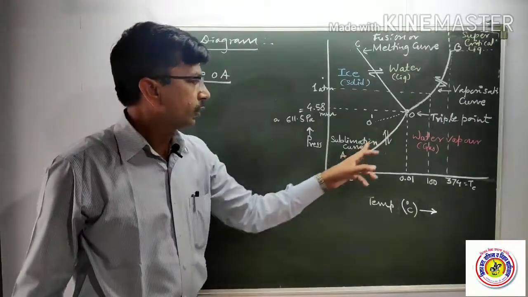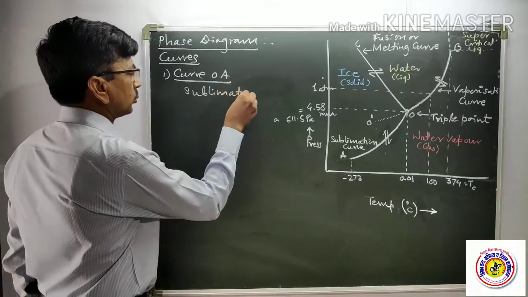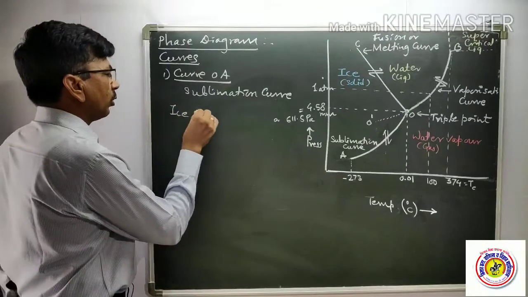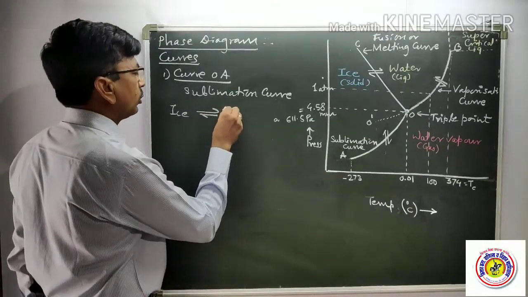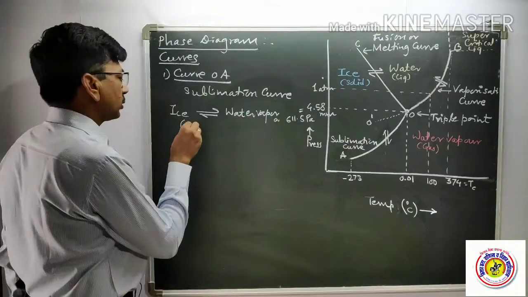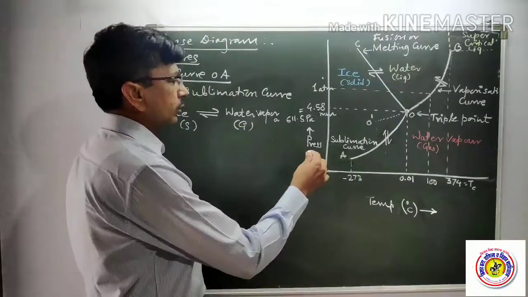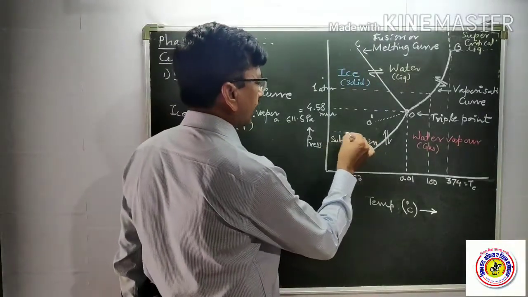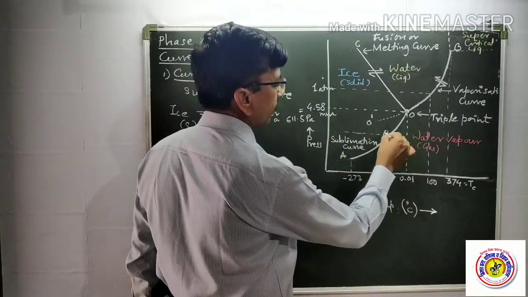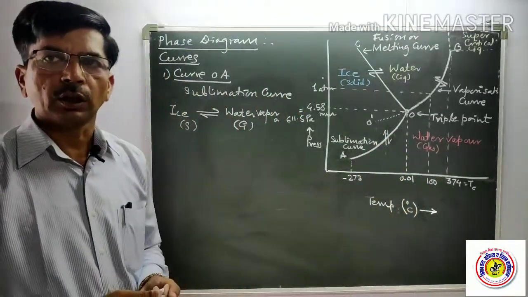This curve OA is called a sublimation curve, where there is conversion of ice into water vapor: ice in the solid state and water vapor in the gaseous state. Suppose at this particular pressure at any point it exists as ice, and when we reach this point it exists in equilibrium. Again beyond this point it exists as water vapor as we go on increasing the temperature.